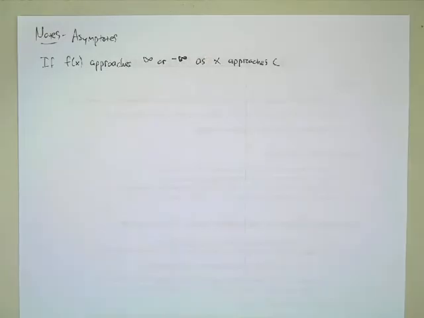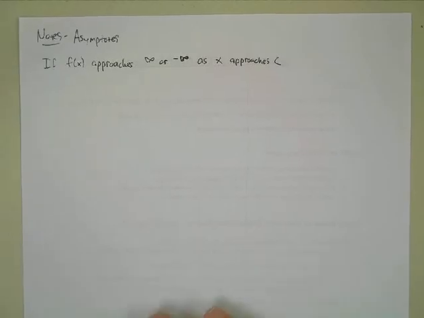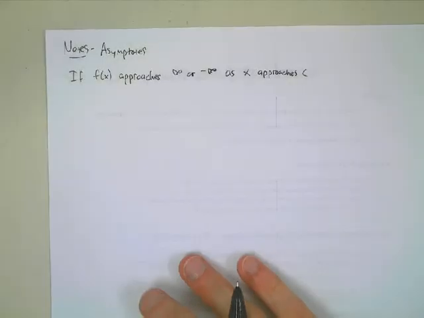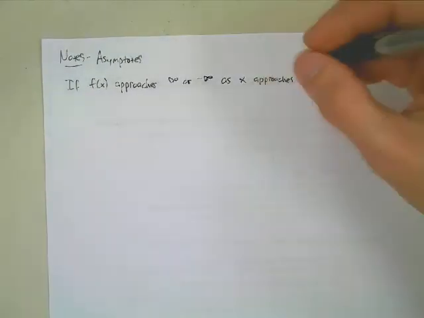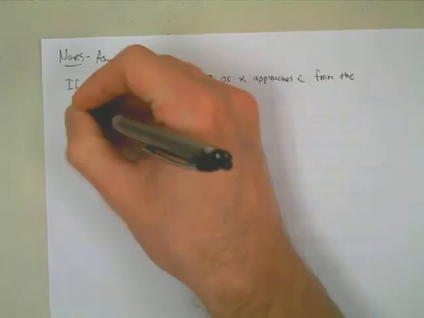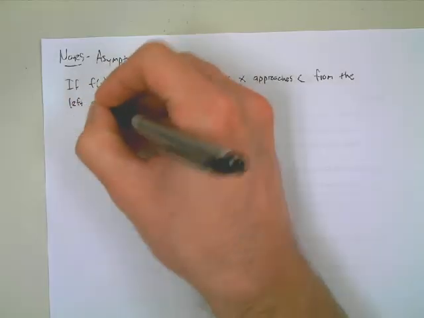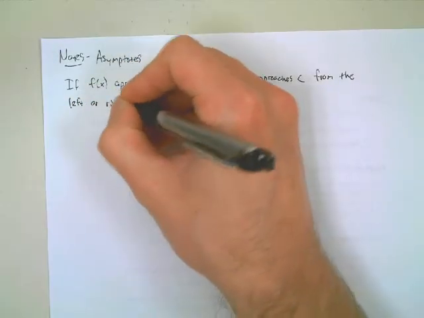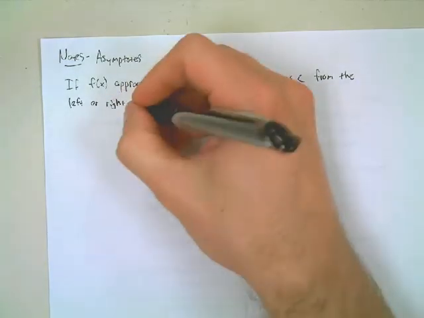Okay, so if f of x approaches infinity or negative infinity as x approaches c, from the left or the right, sometimes it is left and right, but it really only needs to be left or the right, though.